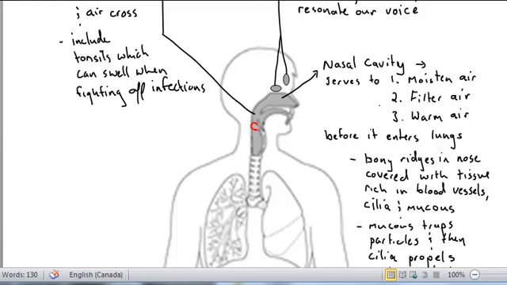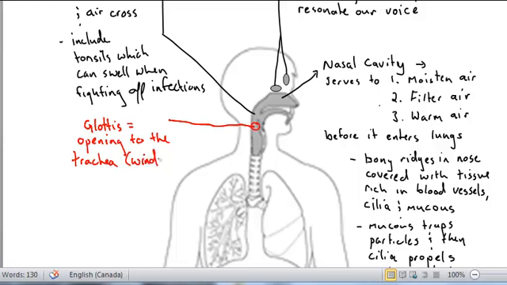About here is your glottis, which is the opening to the trachea. And the trachea is simply your windpipe, the one the air goes down.